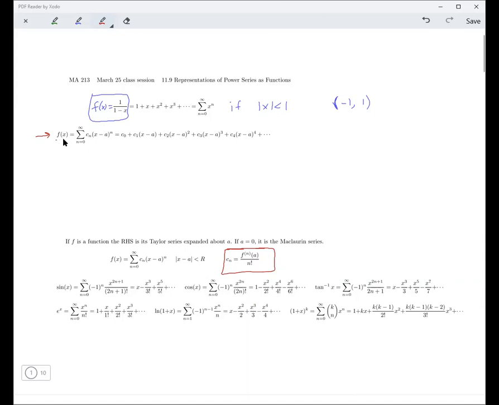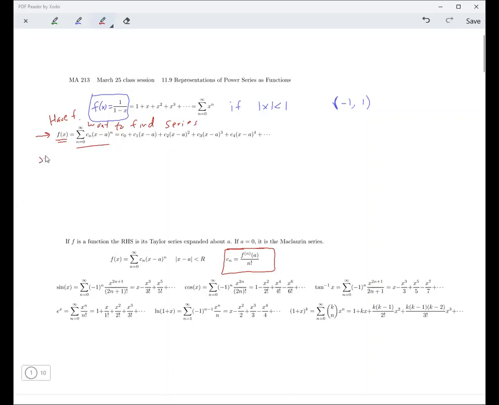Let's suppose that you have a function f, and you want to find the series. So you have f of x equals all this, and you can look at it like this, or in these terms. For what I'm about to do, it's best to look at this one right here.